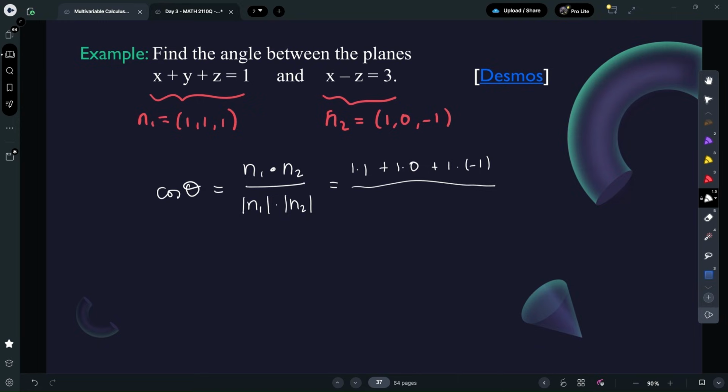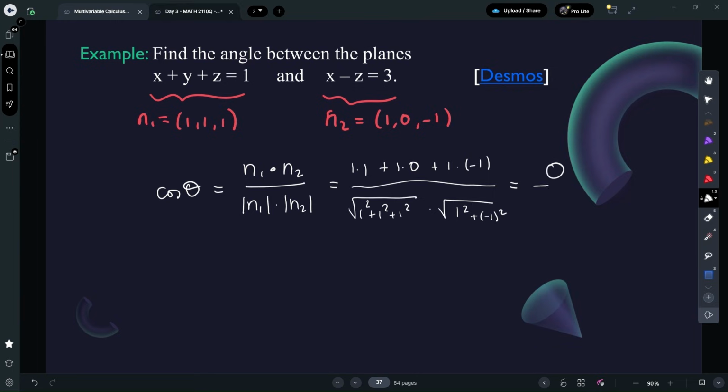And the lengths, well, the length of N1 is the square root of the sum of the squares of the coefficients, so 1 squared plus 1 squared plus 1 squared, times the length of the other one, which is 1 squared plus minus 1 squared. So the numerator is 1 times 1 plus 0 plus minus 1.